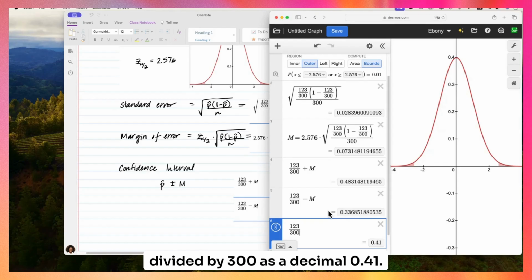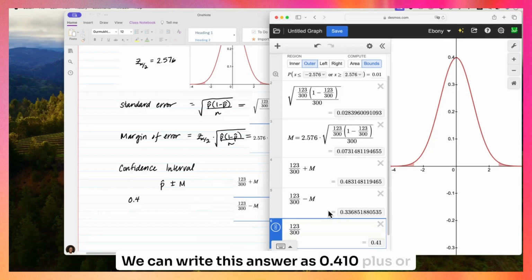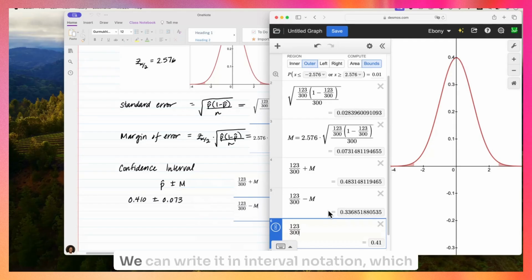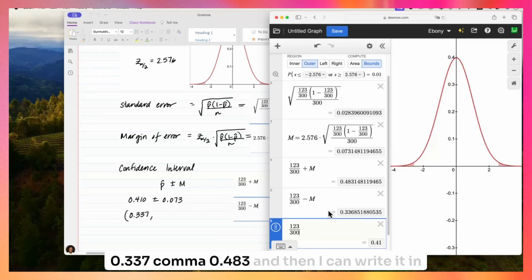All right, so let me get 123 divided by 300 as a decimal. It's 0.41. So here's a couple of ways we can write this answer. We can write this answer as 0.410 plus or minus the margin of error, which is 0.073. We can write it in interval notation, which is 0.337, 0.483.